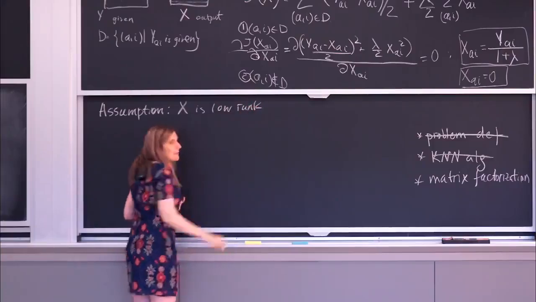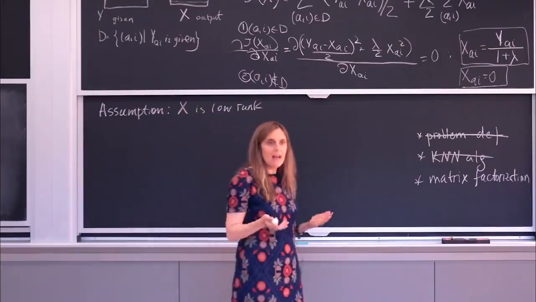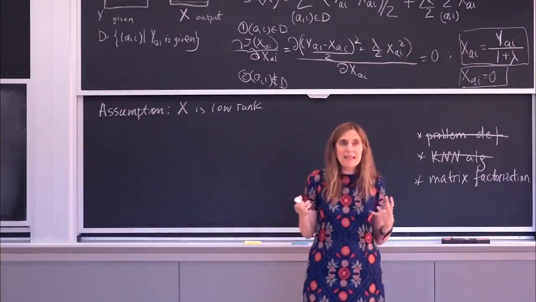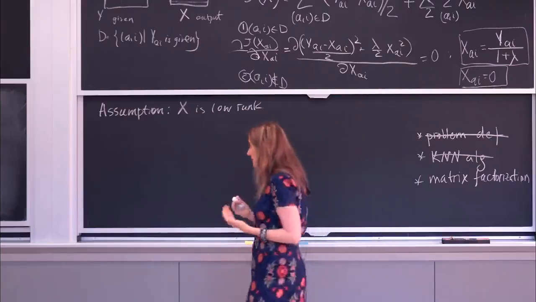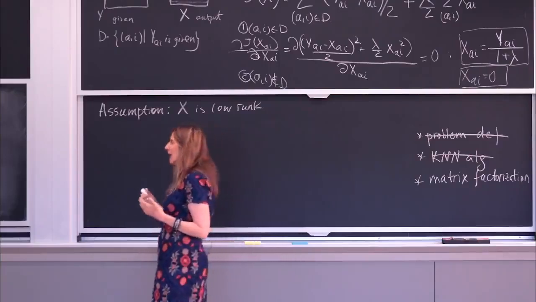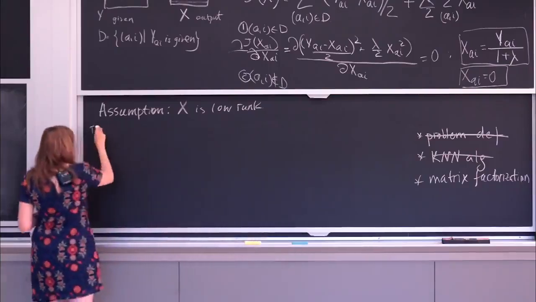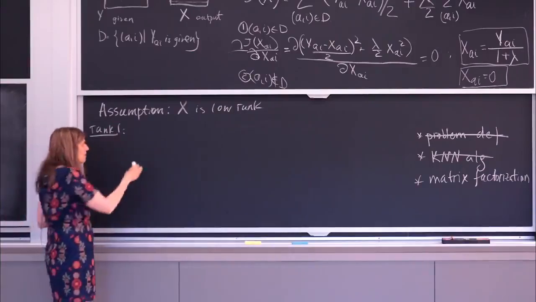What you remember from linear algebra is that, intuitively speaking, rank captures how much dependency you see between the entries of the matrix. Let me start with maybe the simplest case, the matrix of rank 1. Okay, so let me show you an example of such a matrix.